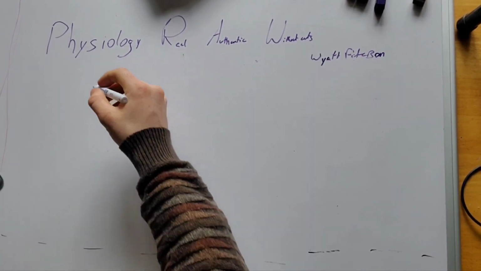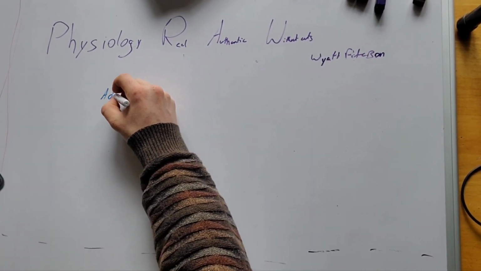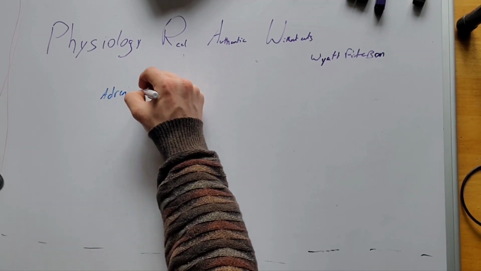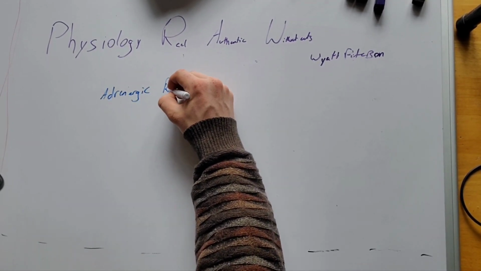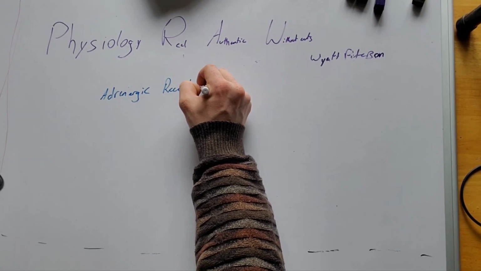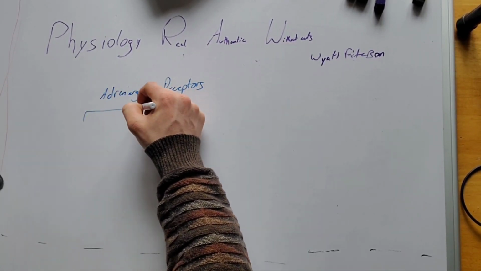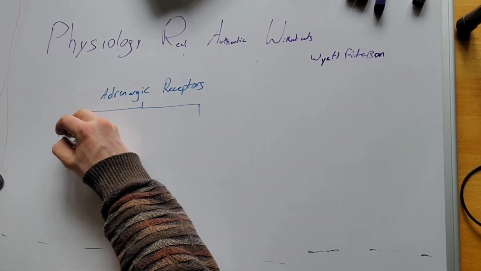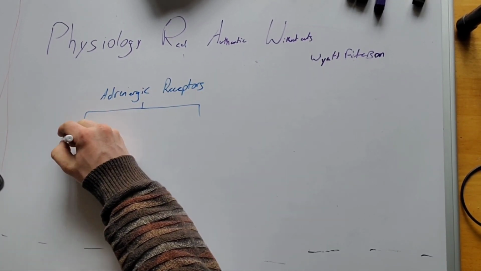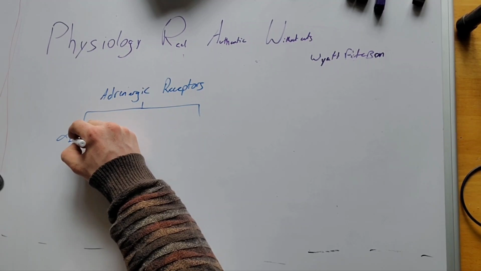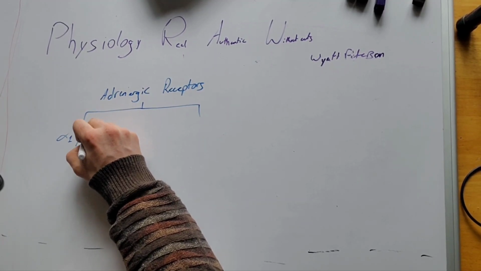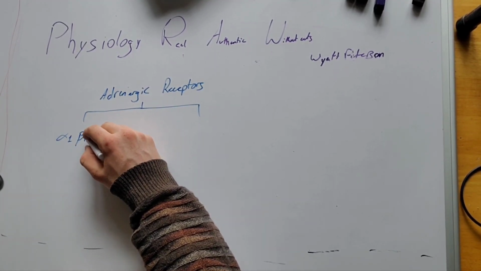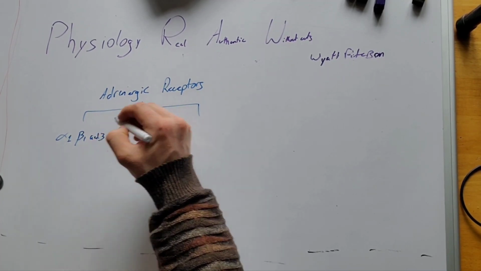Blue this time. So then there's the adrenergic receptors. And so these ones are alpha and beta. So alpha 1, beta 1, and 3.